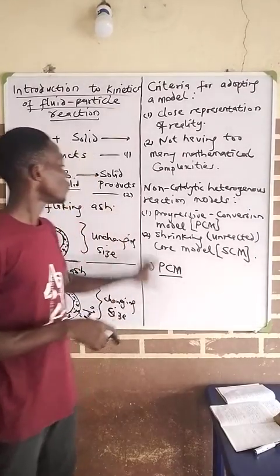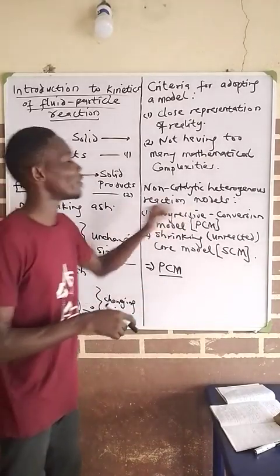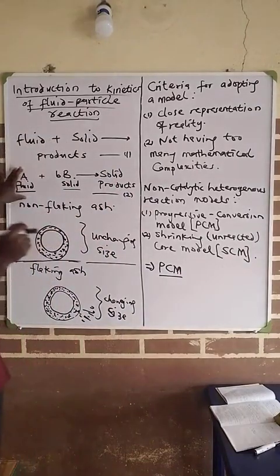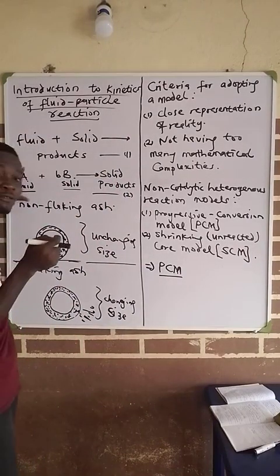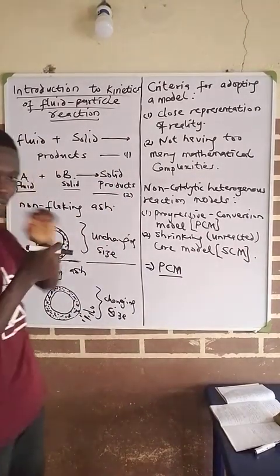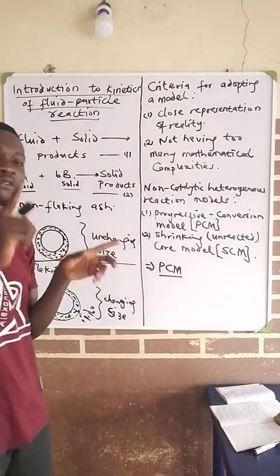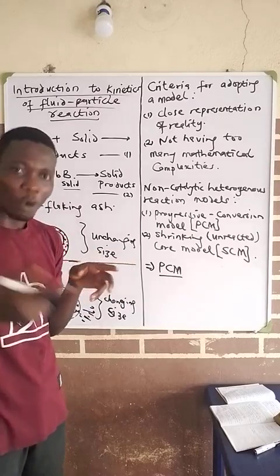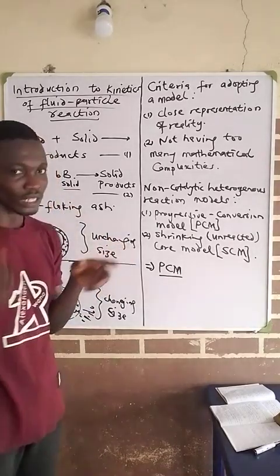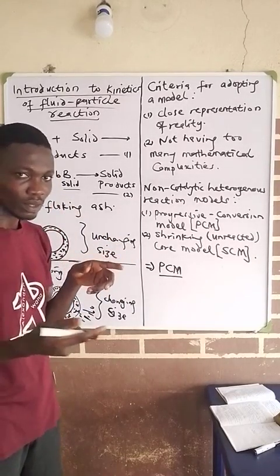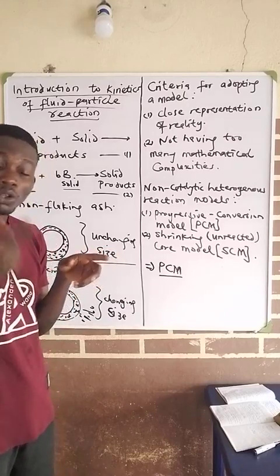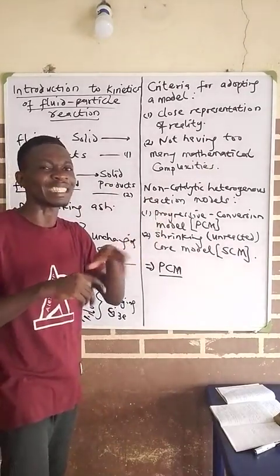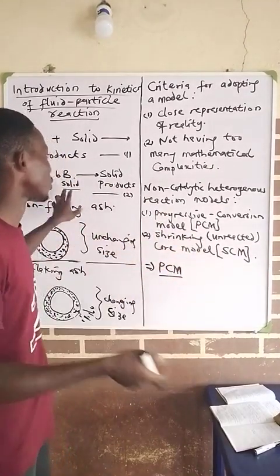I'll come again. For PCM, we visualize that the fluid reactant enters the solid, diffusing throughout the solid, and then starts transforming the solid continuously but progressively. When we talk about progressively, we mean at different rates throughout the solid particle.